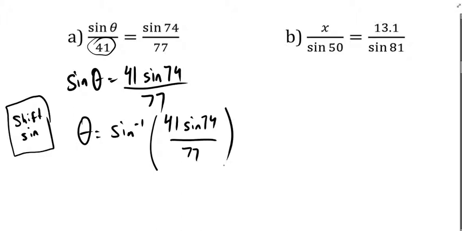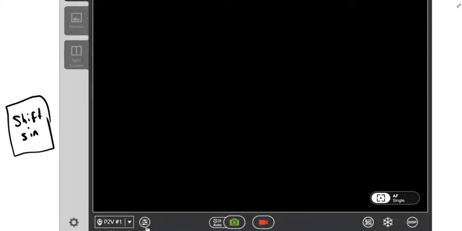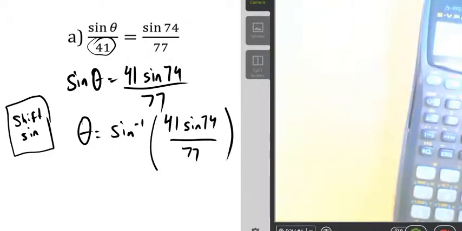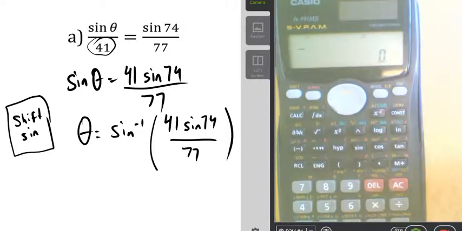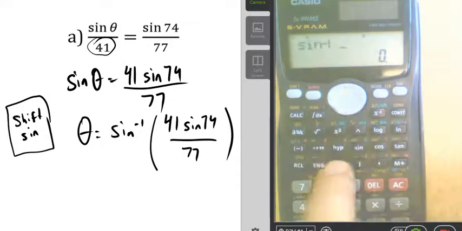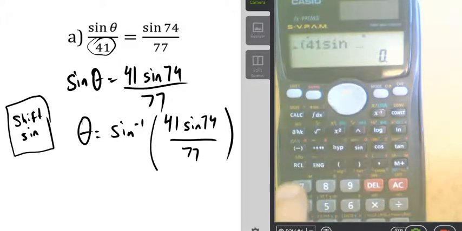So just watch for a minute. I'm going to do it here so you can watch. I'm going to go shift sine, bracket 41, listen carefully, sine 74.